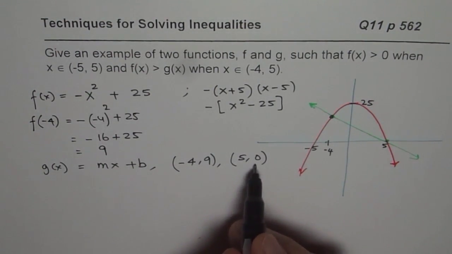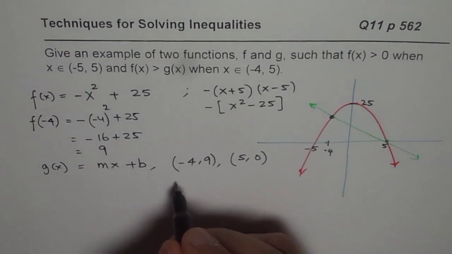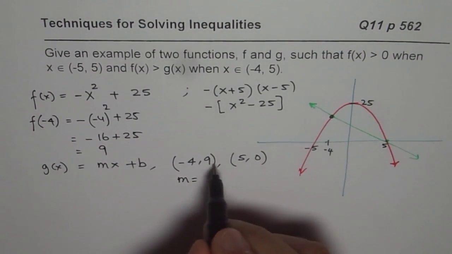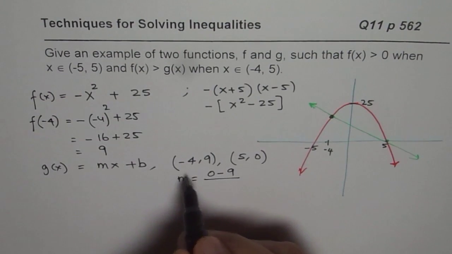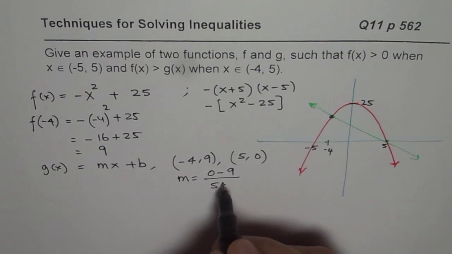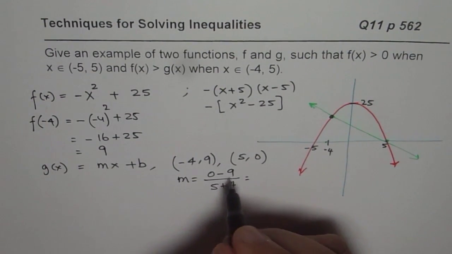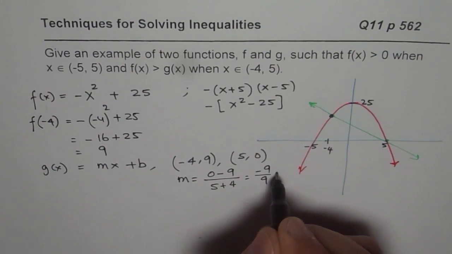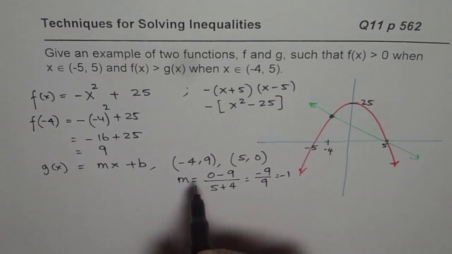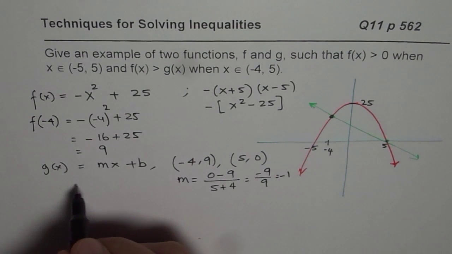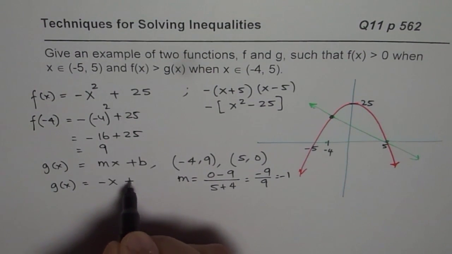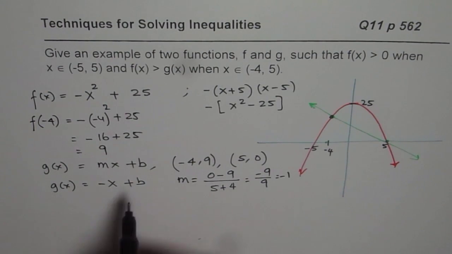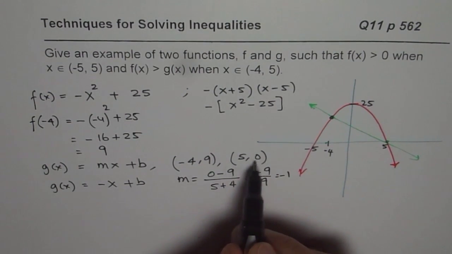Now from these points we can find the slope m. So m is equal to y2 minus y1 over x2 minus x1. So 0 minus 9 divided by 5 minus minus 4, which makes it plus 4. So that gives us minus 9 over 9, which is minus 1. If m is minus 1, I can write this function as g of x equals minus x plus b. To find b, I can substitute the point 5, 0.